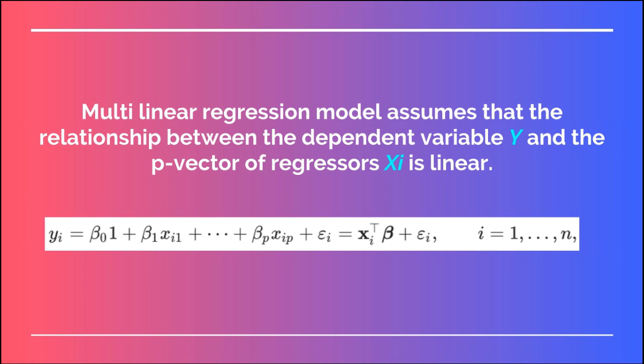Multilinear regression model assumes that the relationship between the dependent variable y and the p-vector of regressors x_i is linear, as follows. We can write y as a linear equation based on input variable x, and we can define a vector equation as follows: x transpose multiplied by beta plus epsilon.